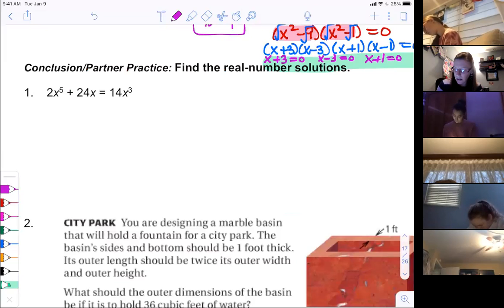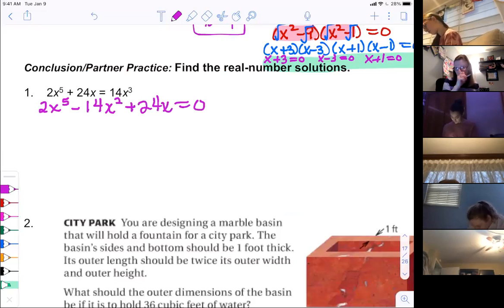And when you're writing these out, write them in order. Don't forget to check for that GCF first.